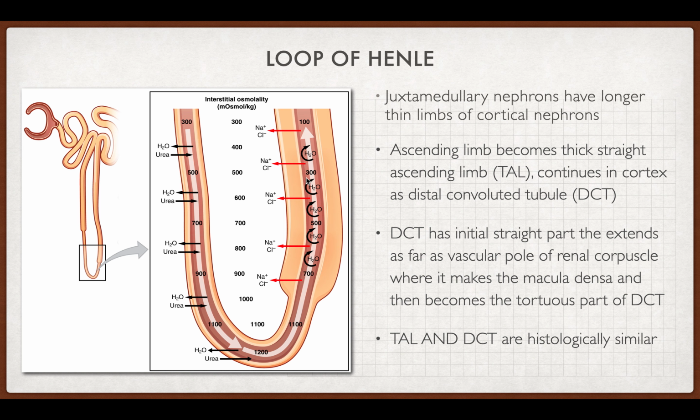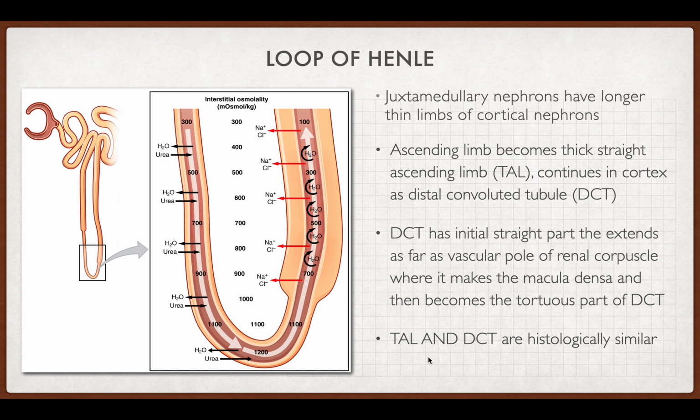The ascending limb becomes the thick straight ascending limb, or TAL, and that continues all the way up into the cortex as the distal convoluted tubule. The distal convoluted tubule has an initial straight part that extends a little bit to the vascular pole of the renal corpuscle, and then that curves around, makes the macula densa, and then becomes the tortuous part of the distal convoluted tubule.